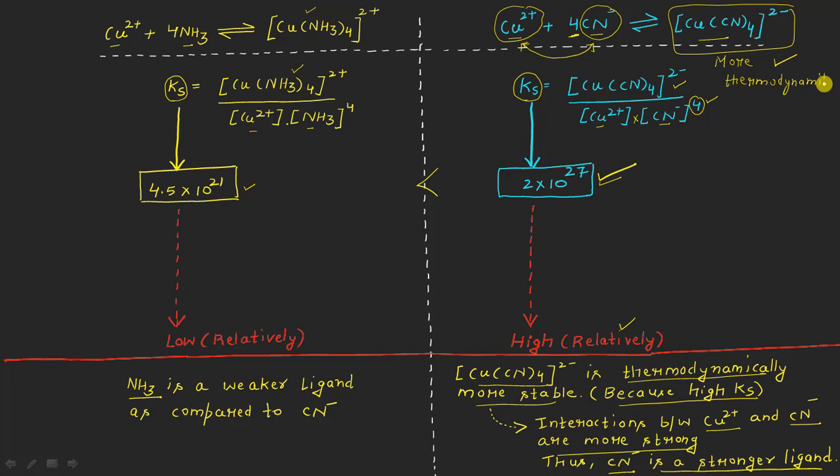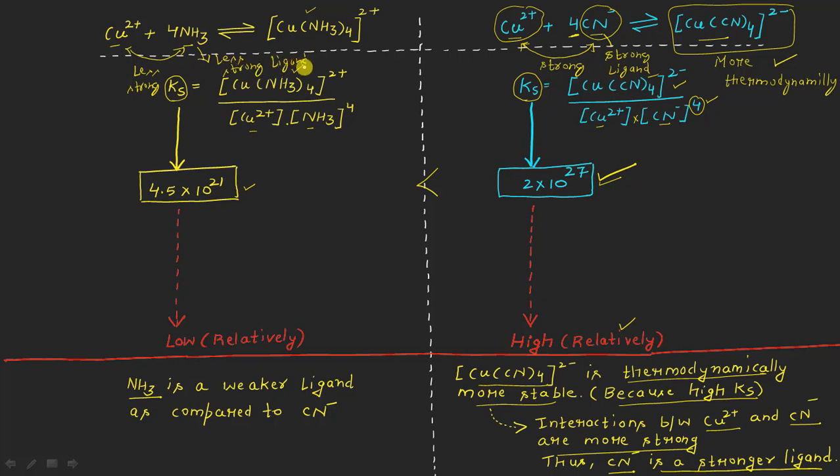And as it is formed very easily, this implies that the interactions are strong, which further implies that cyano is a stronger ligand as compared to ammonia, in which the interactions between the metal ion and the ligand are less strong, and thus ammonia is a relatively less strong ligand.